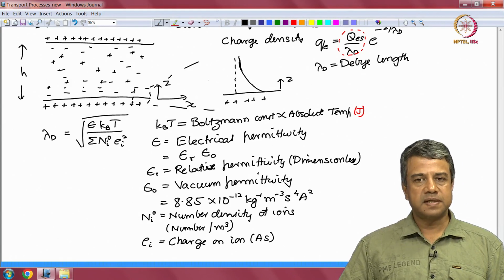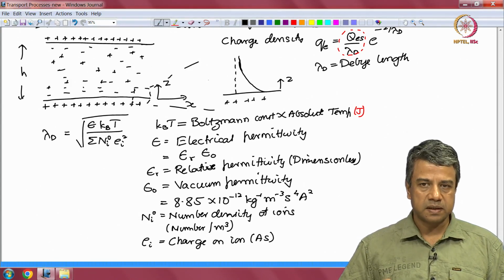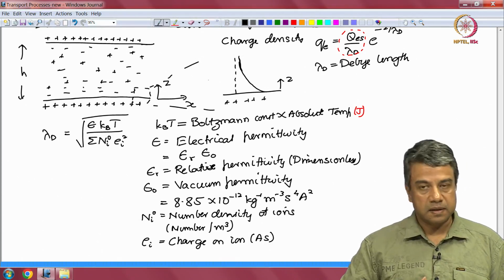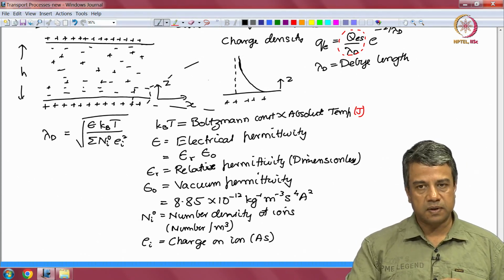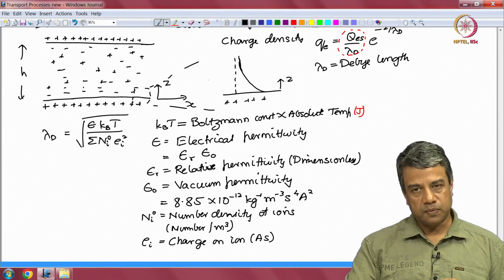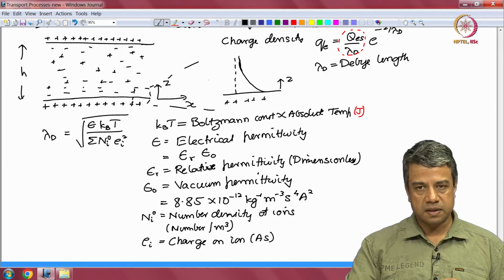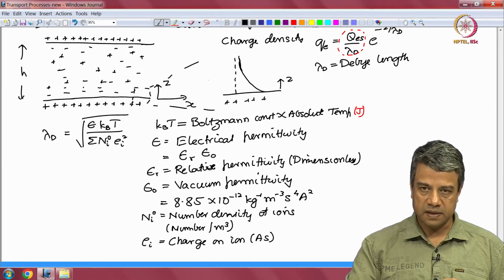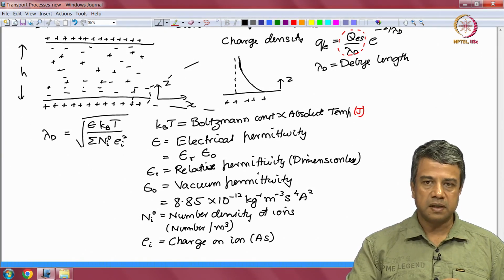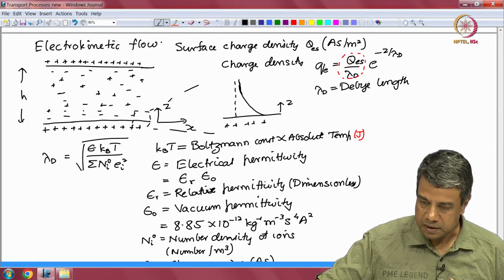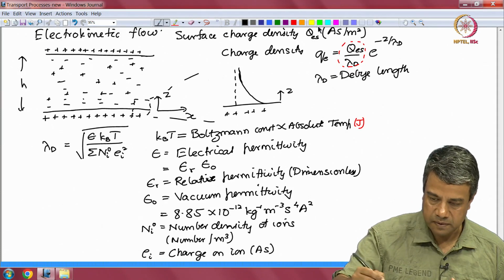So, the Debye length basically gives you the length over which the charge density decreases to 0 near a charged surface. If you put a charged surface next to a fluid that contains ions, both positive and negative ions in equal numbers, because the surface is positively charged, for example, more negative ions will be attracted towards the surface, and the density of those ions will be of this form.